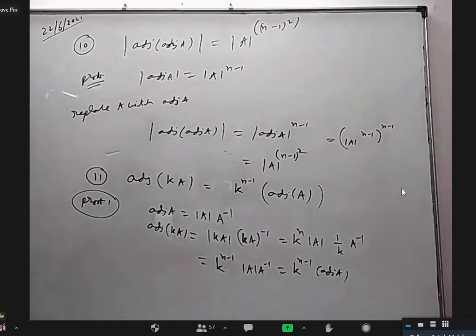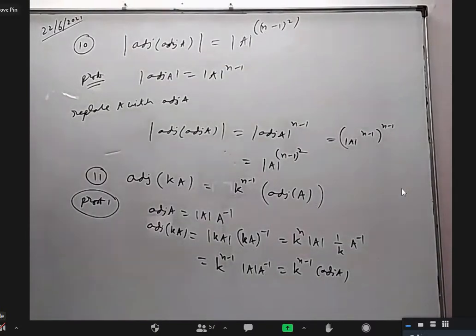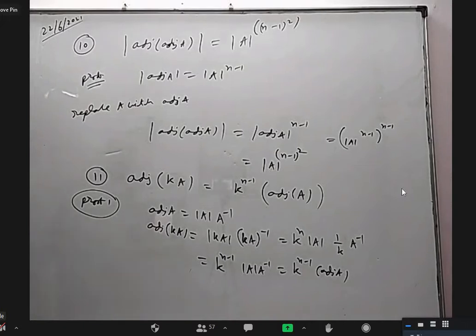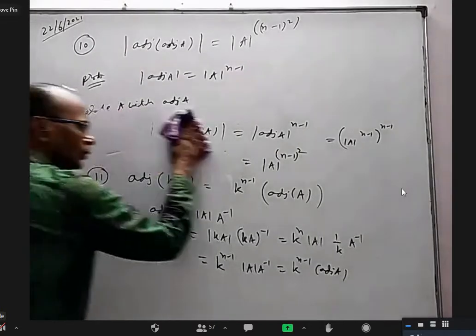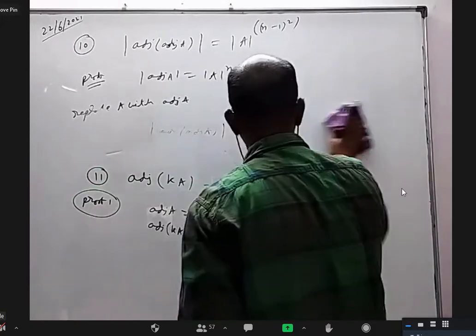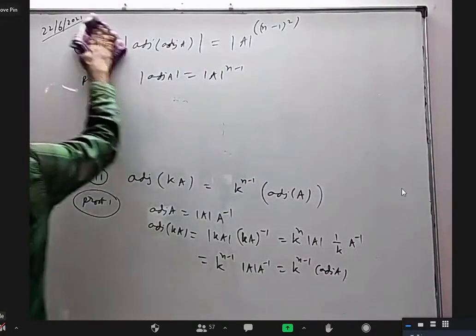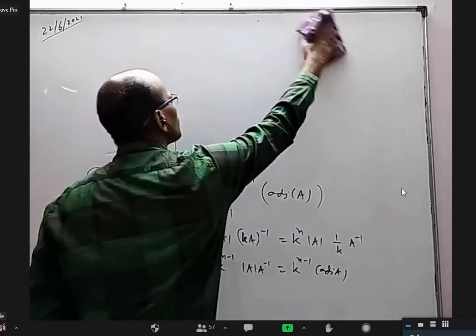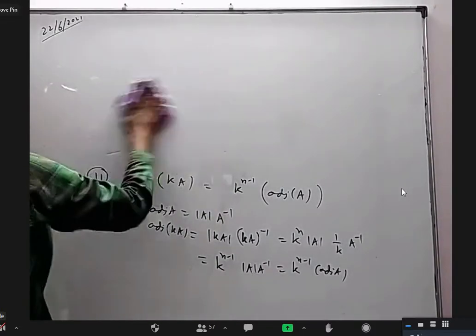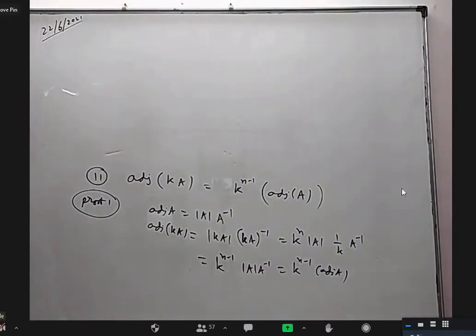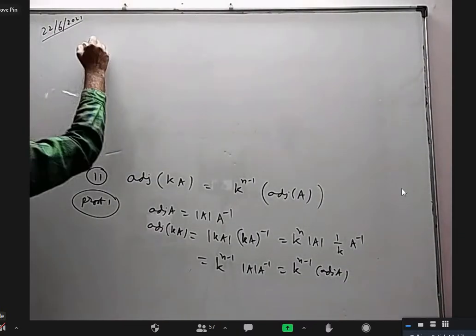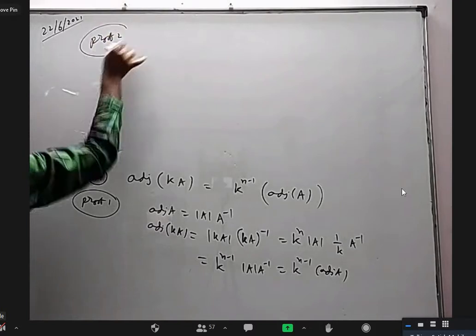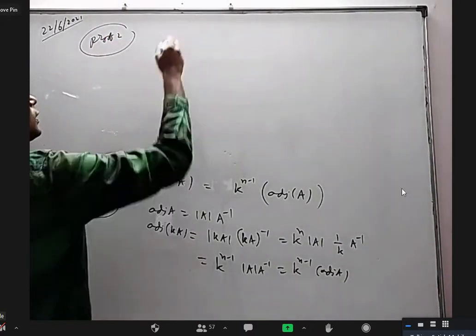But I prefer the second proof which I am going to tell over the first proof. Okay, proof 2, I have to basically explain orally, but I may write something.